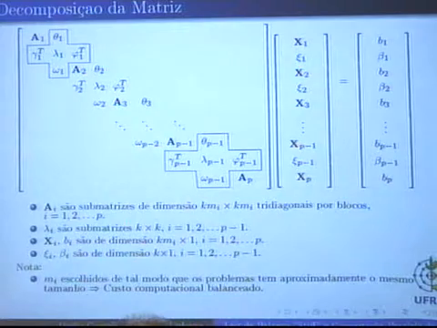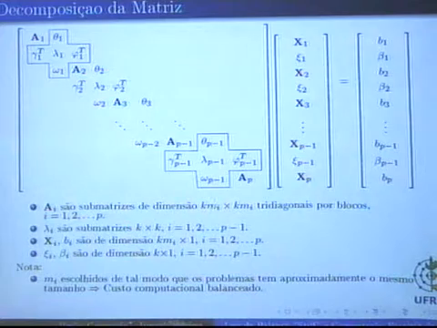Consider that you have a block tridiagonal matrix. You have 3 diagonal blocks. You partition this matrix into P submatrices A1, A2, A3 up to AP, and leave smaller submatrices in between. These Ai are submatrices with Mi K blocks.